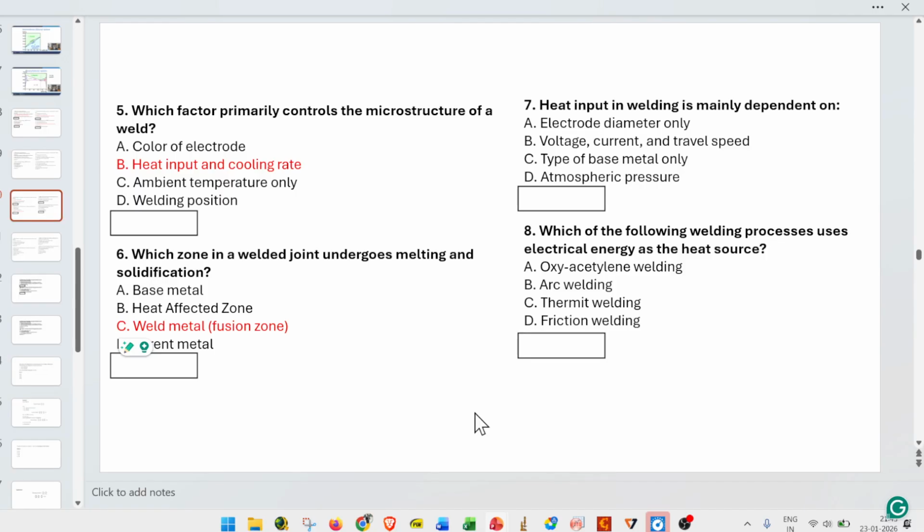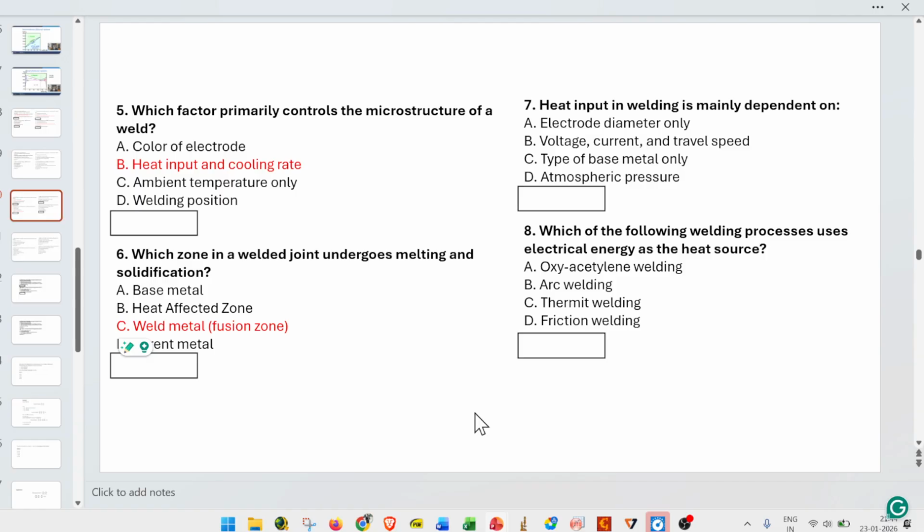Next question. Heat input in welding mainly depends on what? Electrode diameter only? No, definitely not, because heat input depends on voltage, current, and traveling speed.